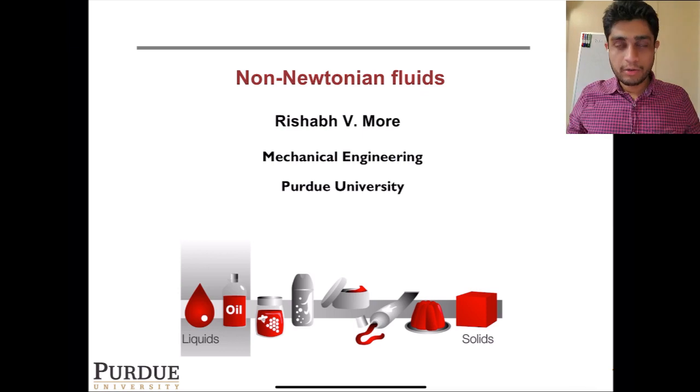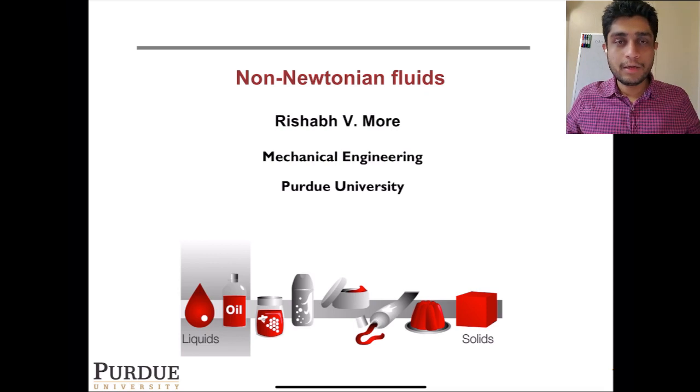But non-Newtonian fluids are fundamentally different, because they do not follow Newton's law of viscosity. Air and water are typical examples of Newtonian fluids, and their viscosity is always constant. But let's consider a material like toothpaste. When the toothpaste is just sitting in the tube, you can consider it as a solid because it is not flowing, right?